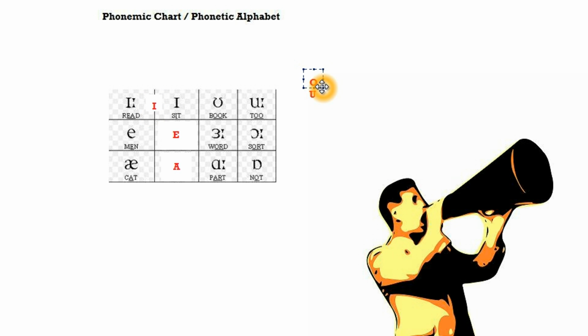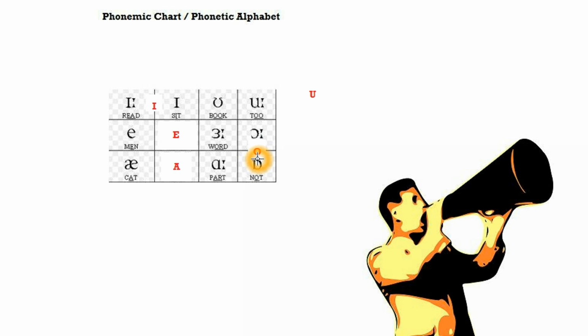Then we move on to O. And O needs to be right here, in between O, like north, or sort, or sword, and A of not, plot, stop.